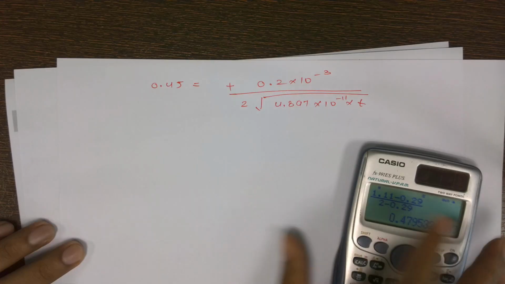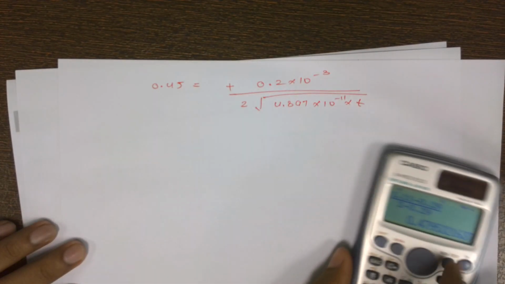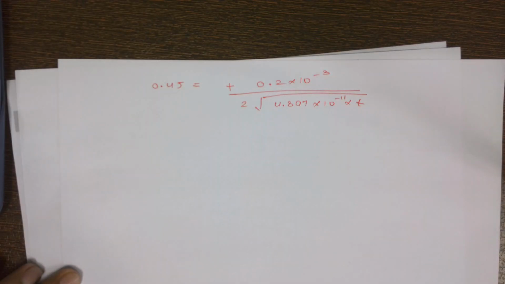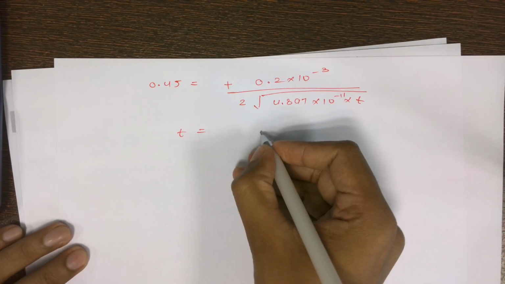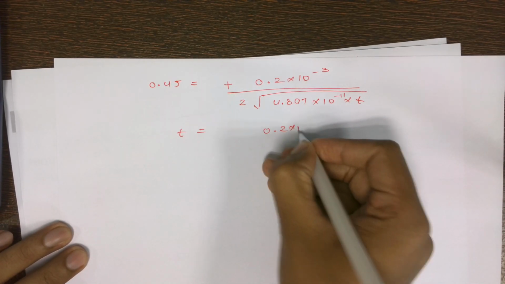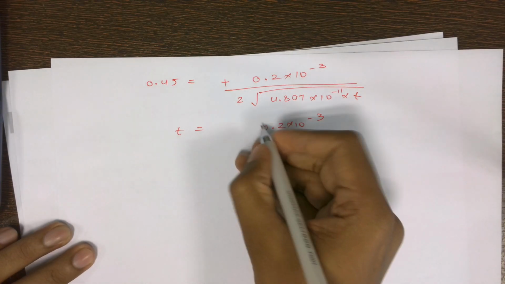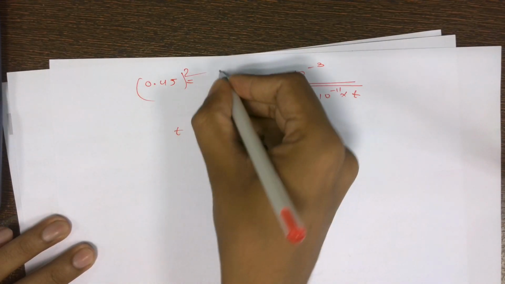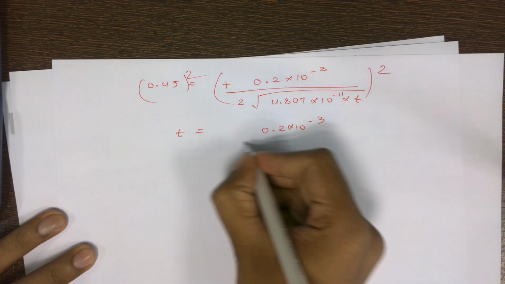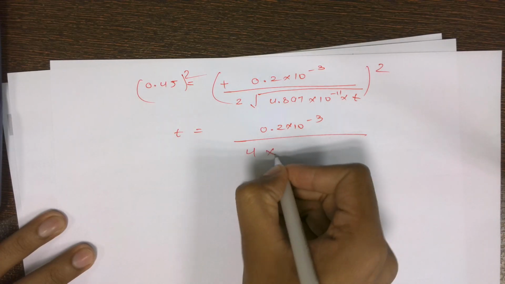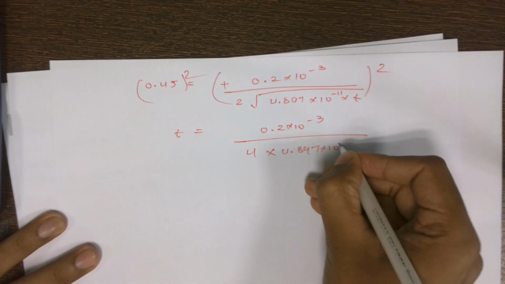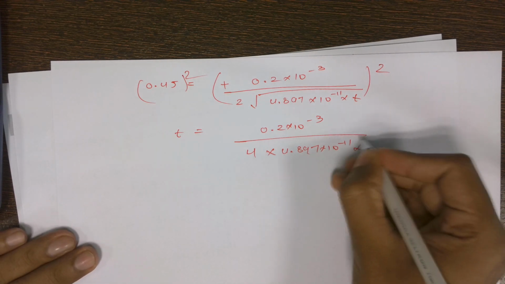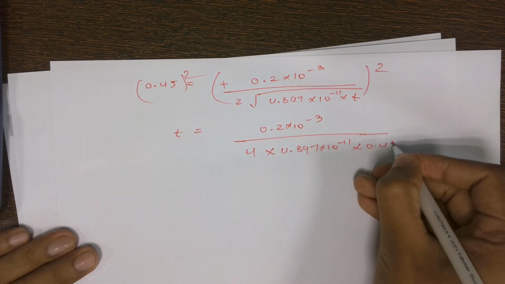What we'll do is just rearrange the terms. T will be equal to 0.2 into 10 to the power of minus 3, the whole square, I'll do on both sides, divided by 4 multiplied by 4.897 into 10 to the power of minus 11 multiplied by 0.45 square.